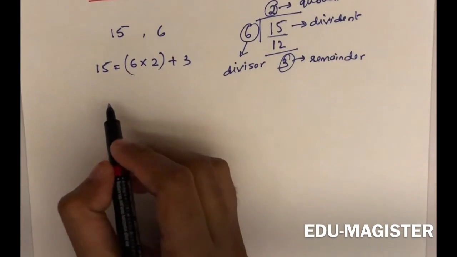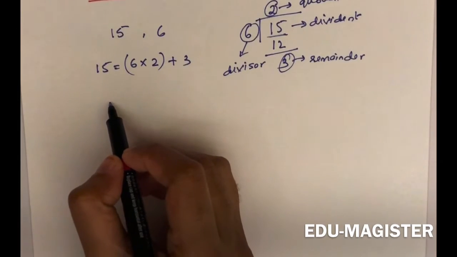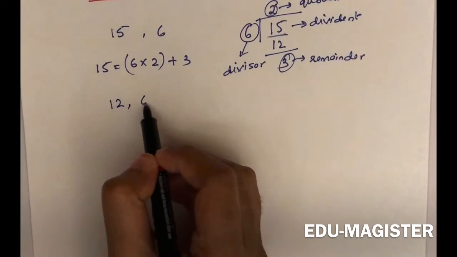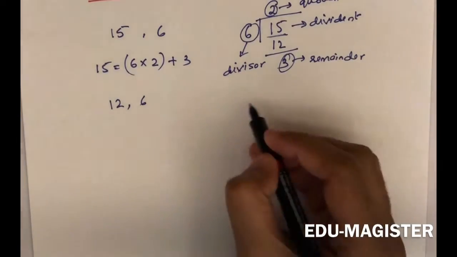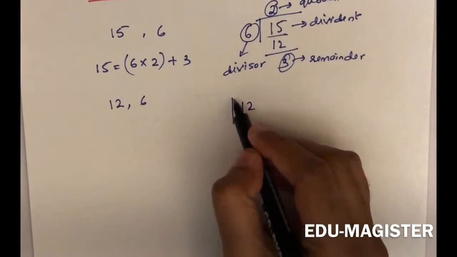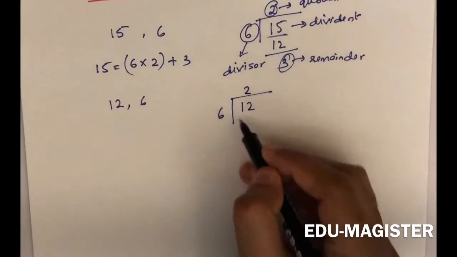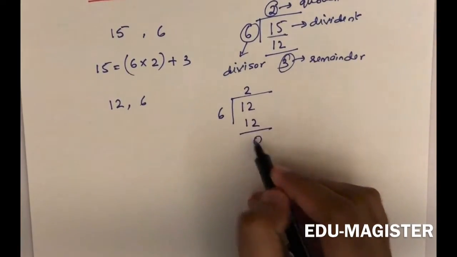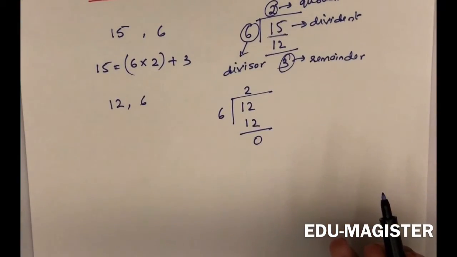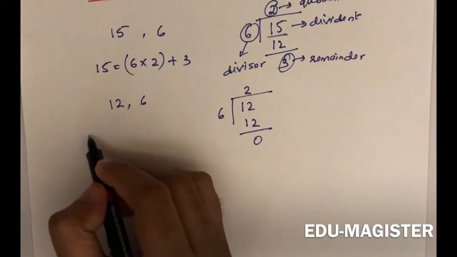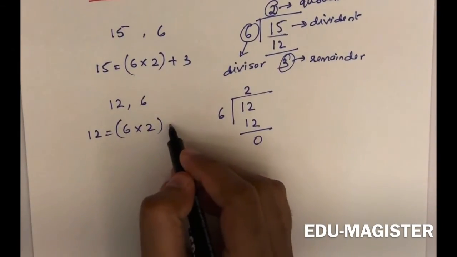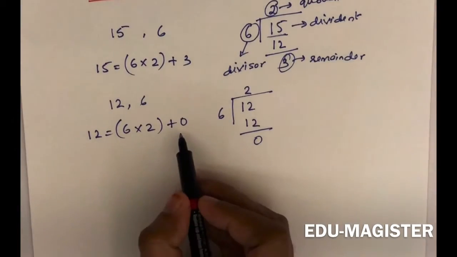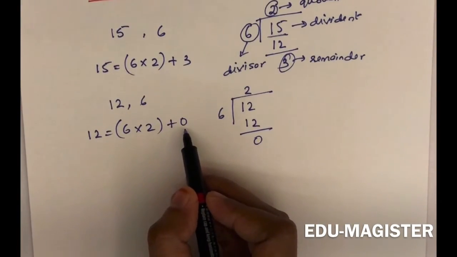Now consider another example, that is 12 and 6. In this case, if I divide 12 by 6, what will happen? For me, in this case, my remainder will be 0. Why? 12 is equal to 6 into 2 plus 0. In this case, my remainder is 0. Why?